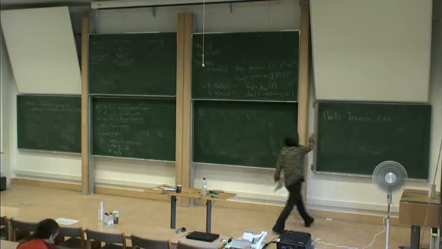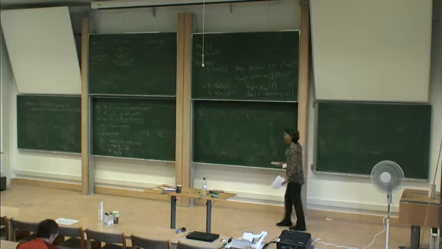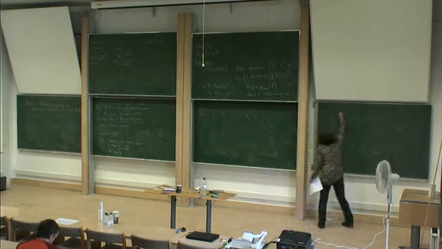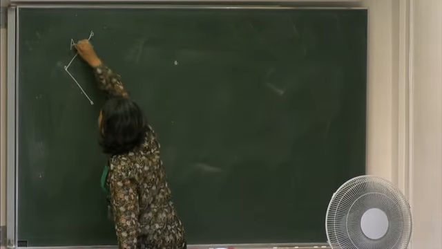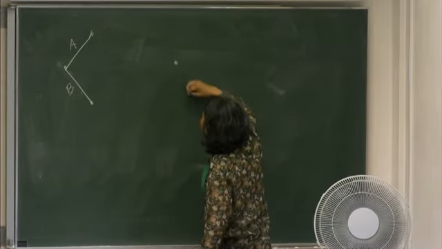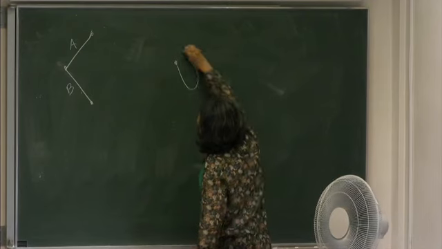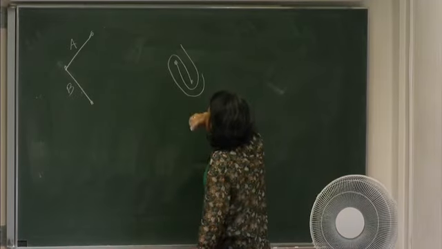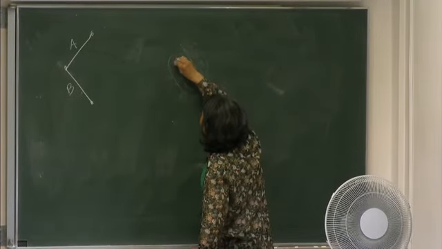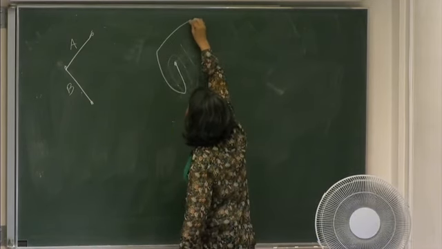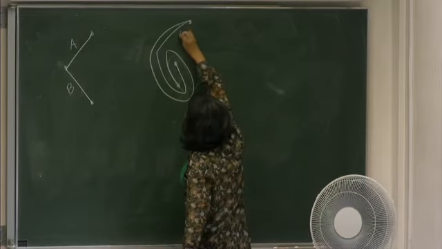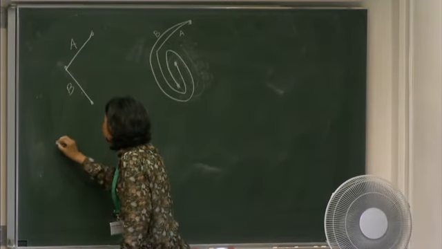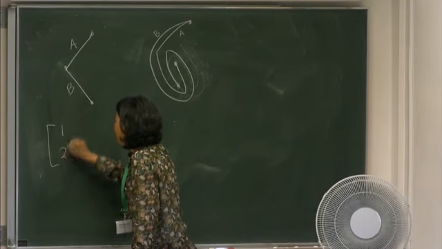I really meant to keep that picture, but I'll write it over here. So here's my graph, and this is A and this is B. The matrix was 1, 2, 1, 3.